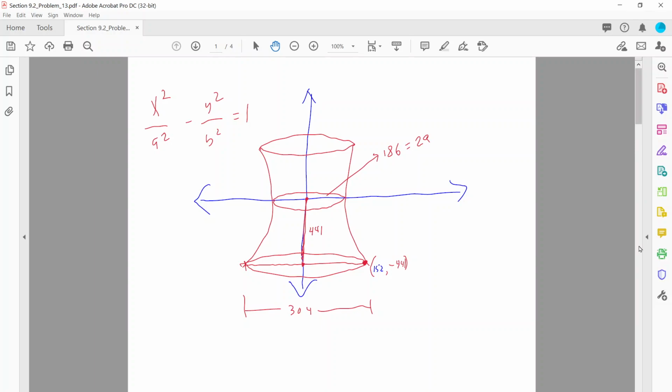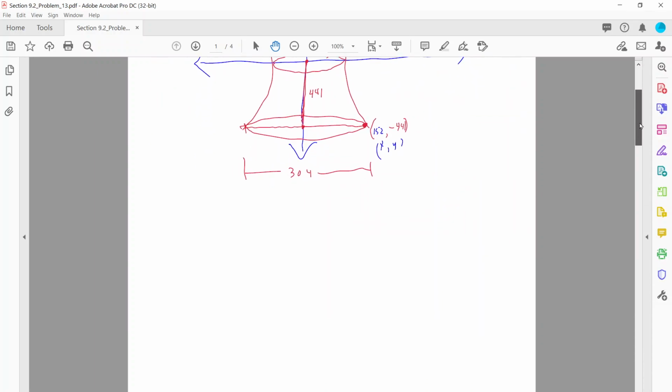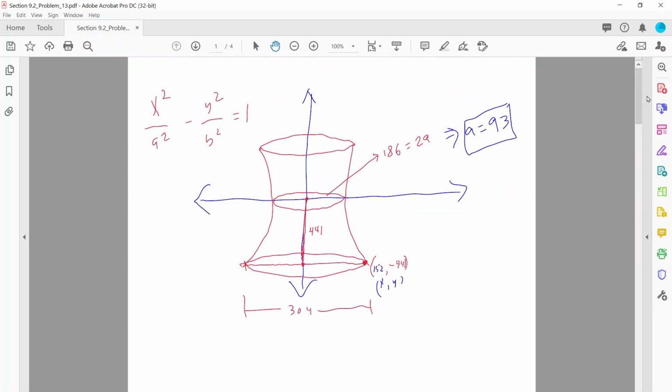So now we have one point on this hyperbola. We have the value of a from here, which is 186 divided by 2, is 93. So now we're going to plug the values of a, x and y here to find the value of b.